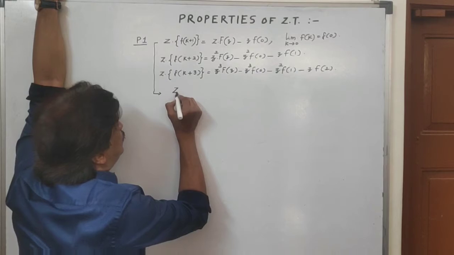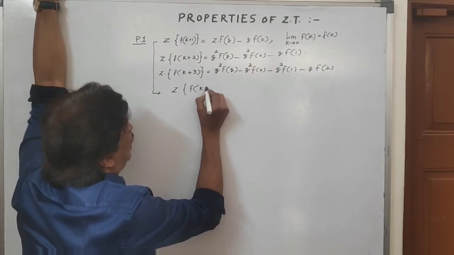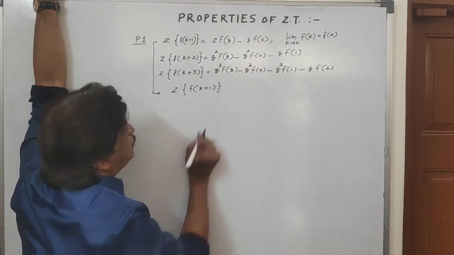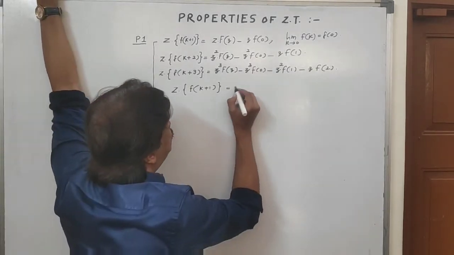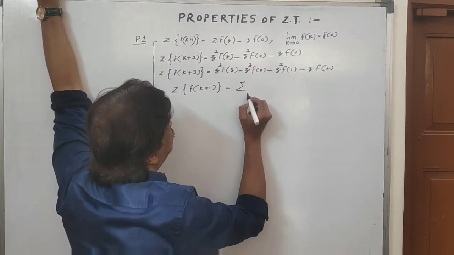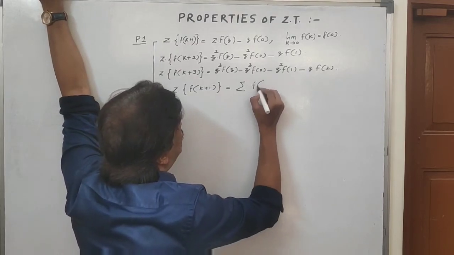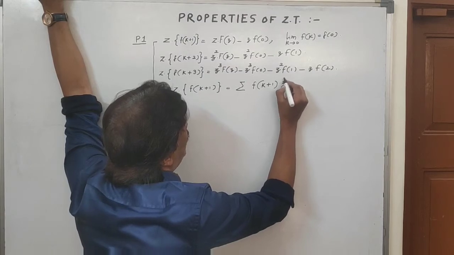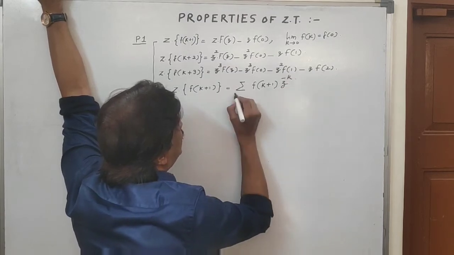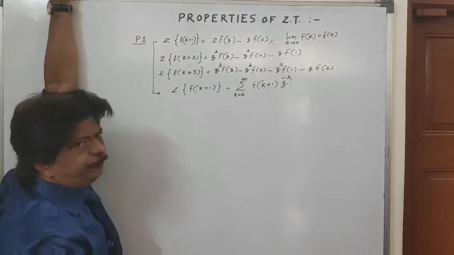Z transform of f of k plus 1. By definition, it is the sum of f of k plus 1 into z raised to power minus k, k varying from 0 to infinity.